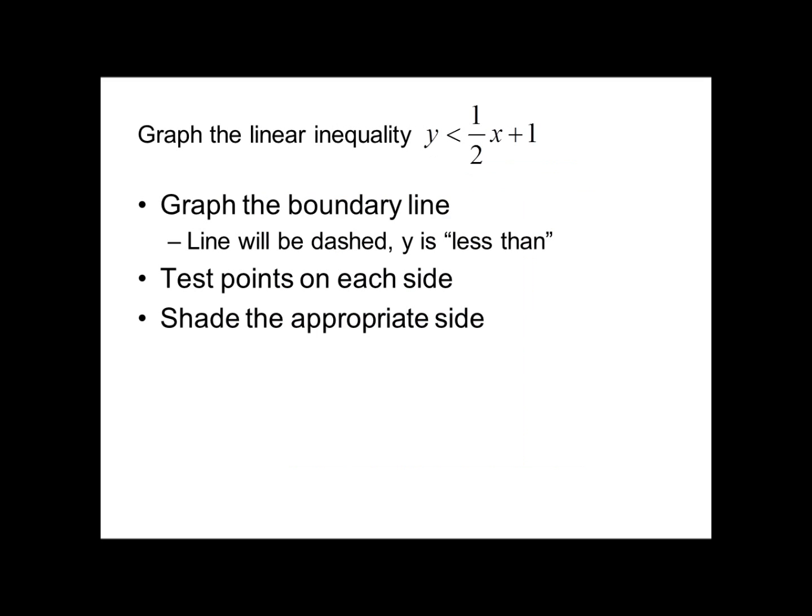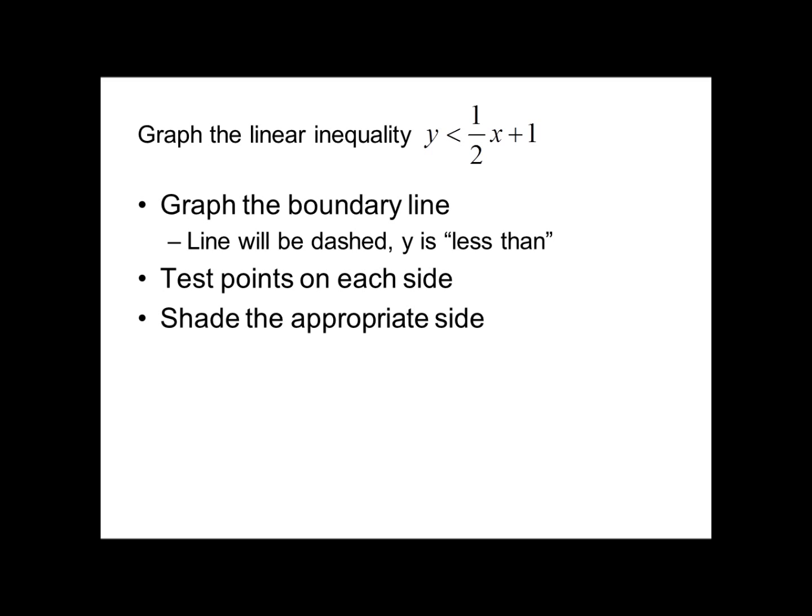Now let's graph the linear inequality y is less than 1/2 x plus 1. The first thing we want to do is graph the boundary line. Our boundary line this time will be dashed because y is less than the mx plus b. Whenever you have y is less than or greater than, it's a dashed line.